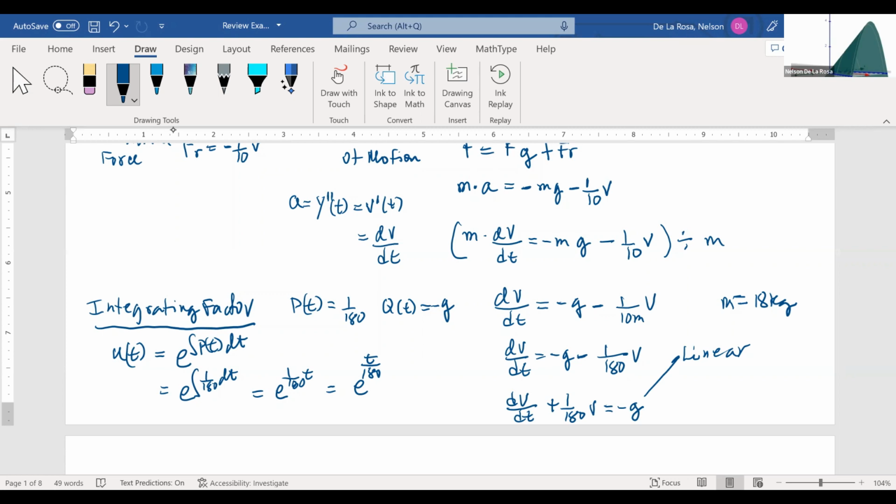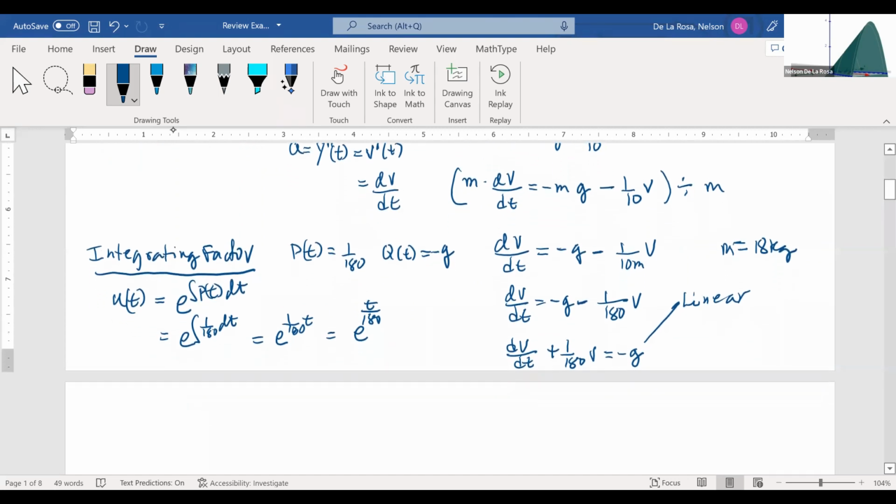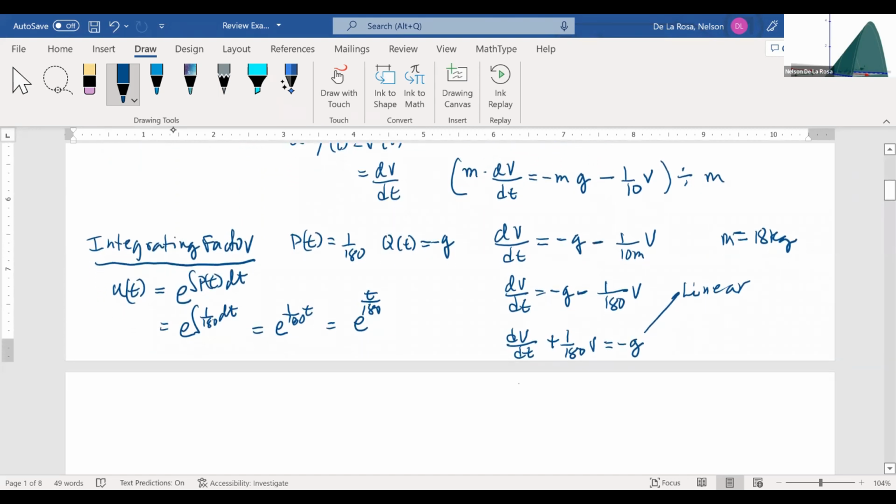So it's time now to multiply our linear equation dv dt.